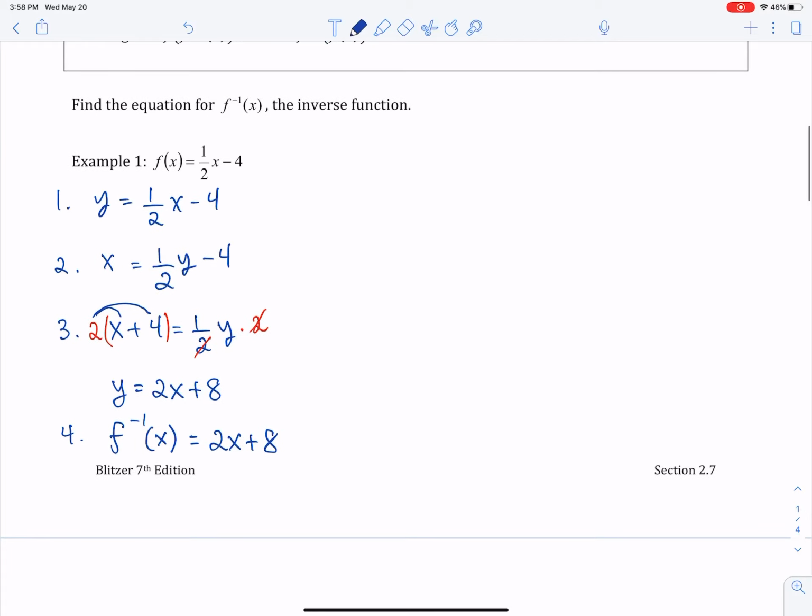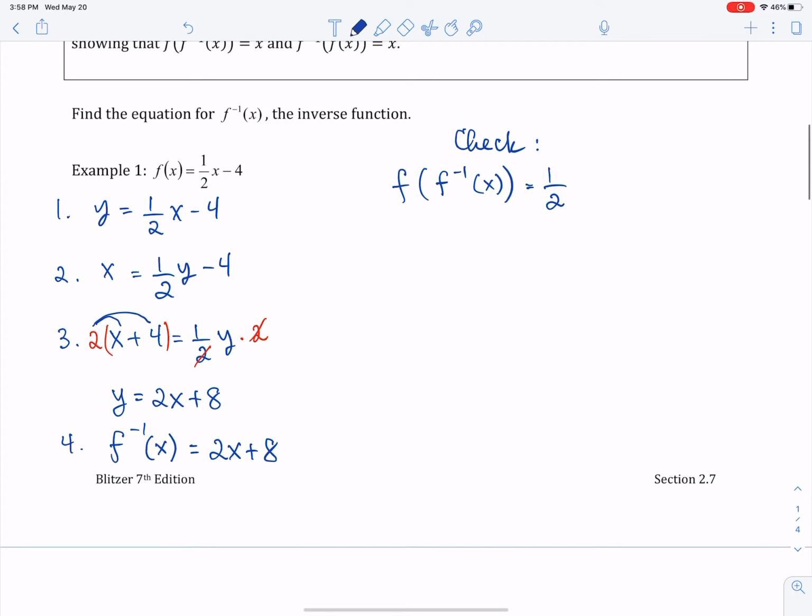Check. Is f of inverse of x equal to x? Well, f has a construction of 1/2 the argument minus 4, and the argument is the inverse function.